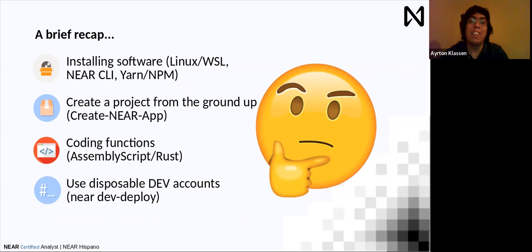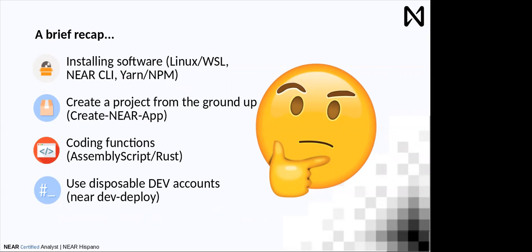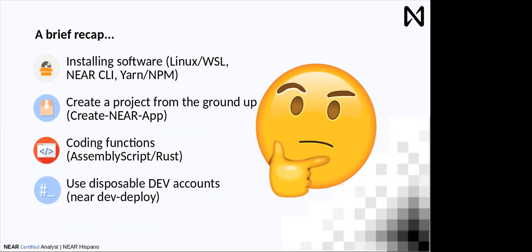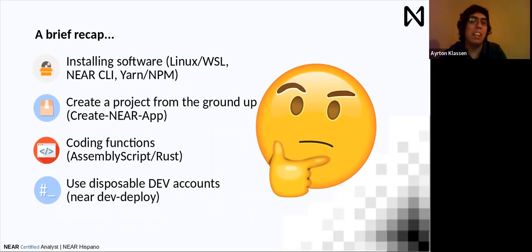I don't know how you guys get the test tokens and are able to test all of your apps, because I struggle so much. I actually ended up not getting any test token. I used an old account I found in my browser. So yeah, the fact that NEAR just gives you a bunch of test tokens and you can do whatever you want with them, it's just so useful. So that's a perk that we have here using the dev accounts, right?